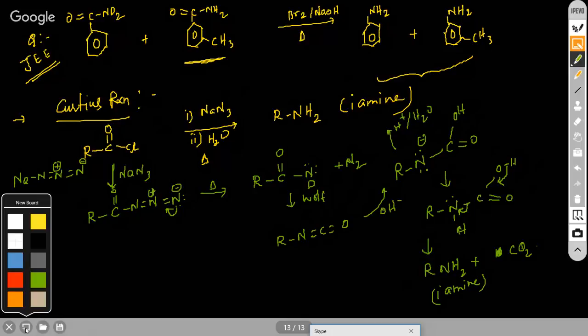The same reaction you see with the help of ester. With ester, how does this reaction proceed? With ester RCOOR', we require three different reagents.